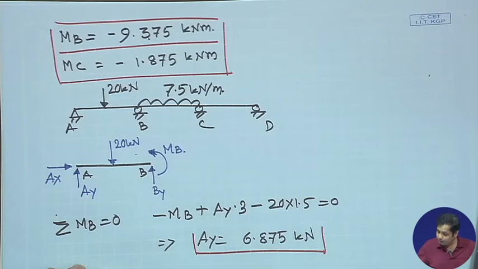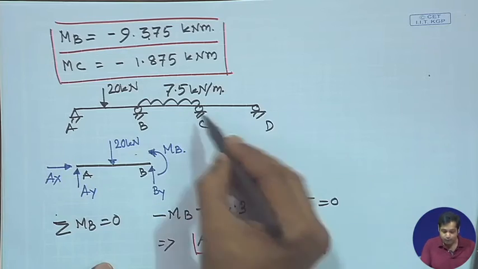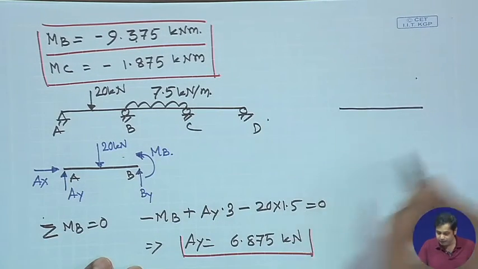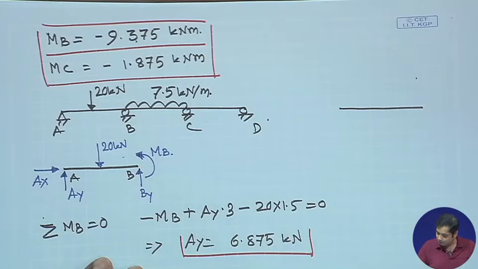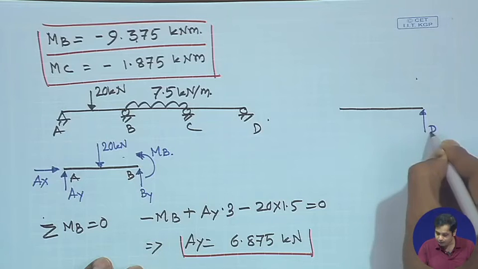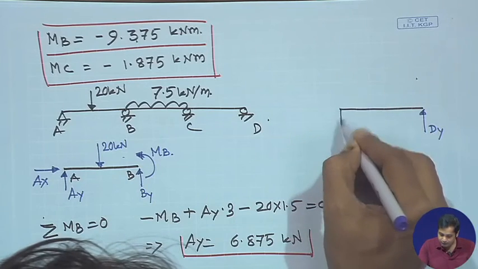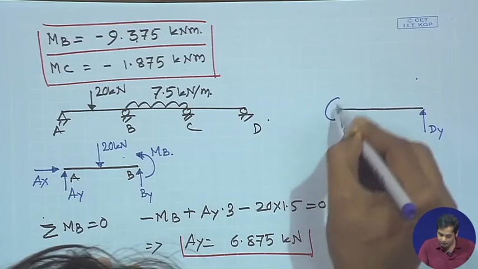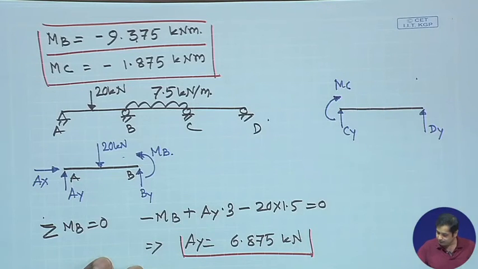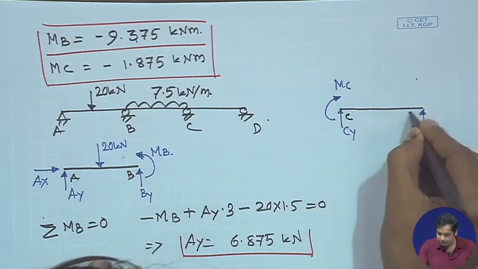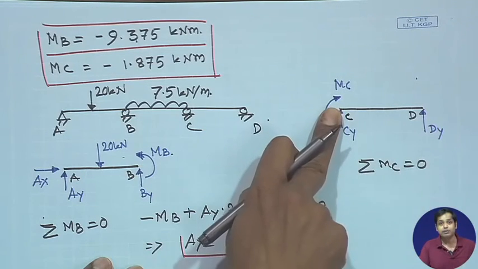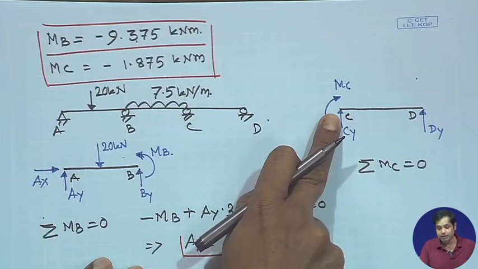Now, this is AY. Similarly, if we draw the free body diagram of CD, what are the reactions we have? We have the support reaction DY, and then CY and MC. This is C, this is D. Now, take the moment about C equal to 0.